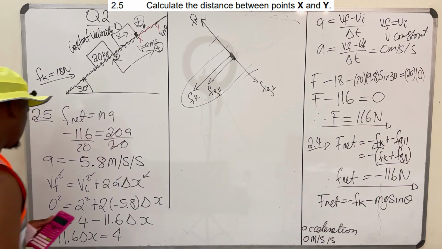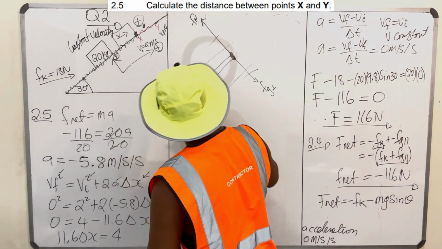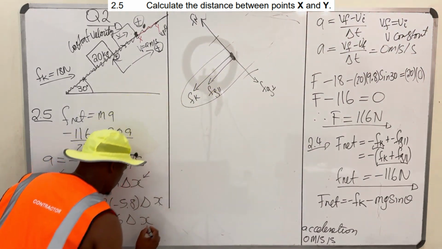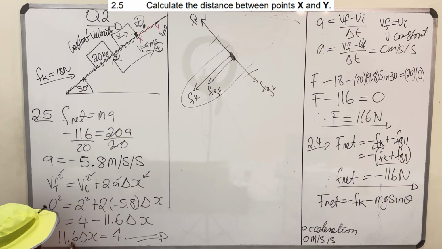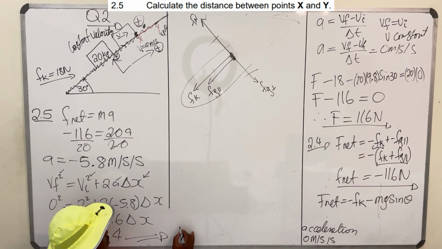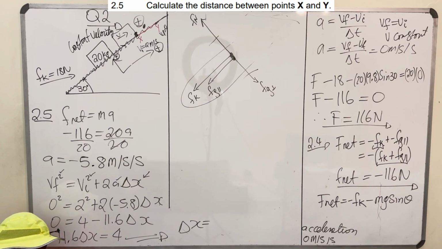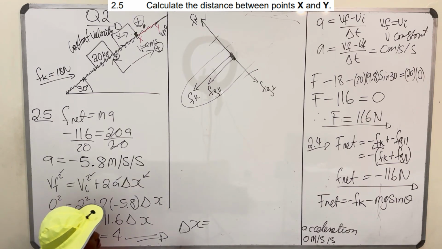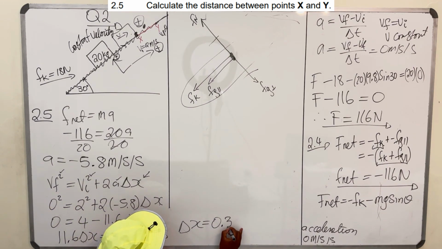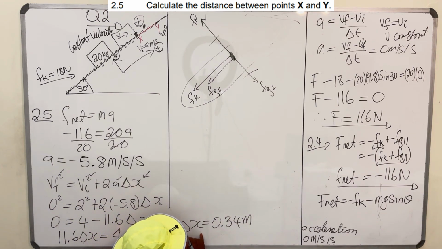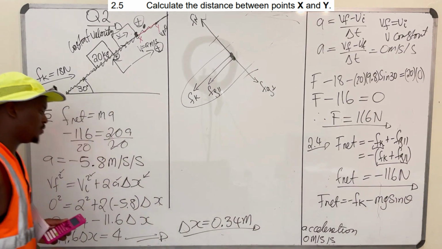So you divide by 11.6 on both sides. What do you find? Your delta x is equal to 4 divided by 11.6. You get that your displacement is 0.534 meters. Here we go.